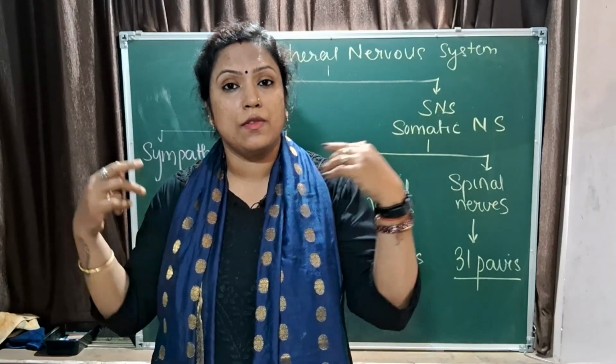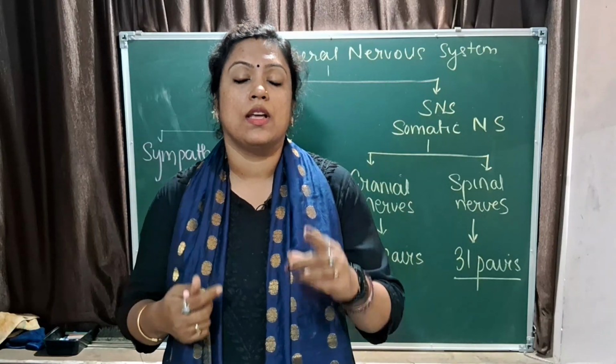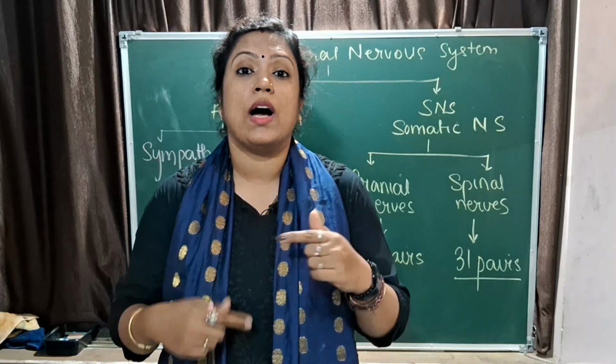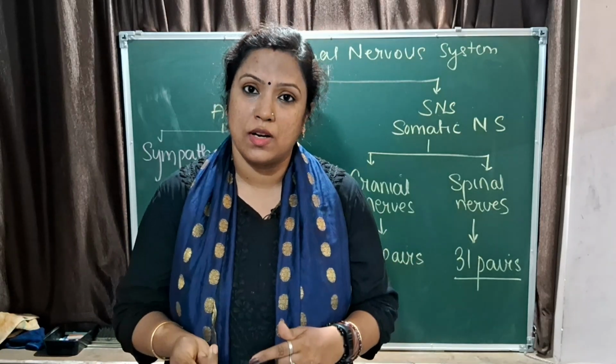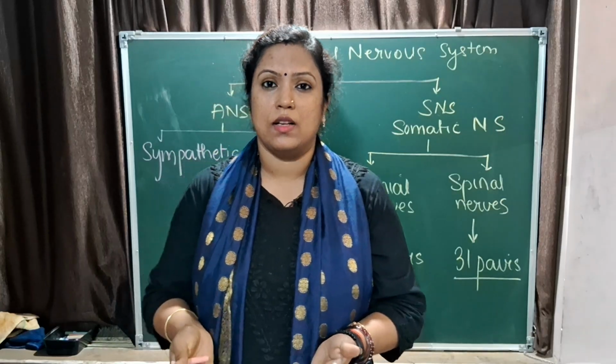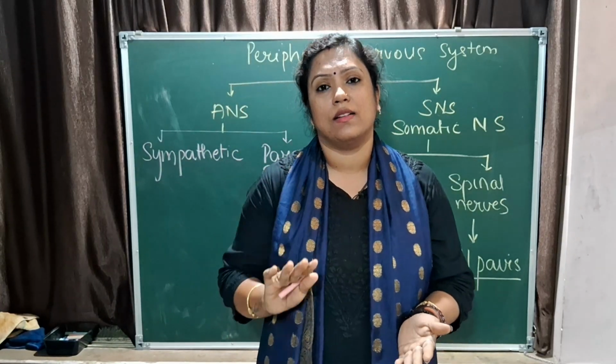Remember, blood vessels for the entire body constrict, but your coronary blood vessels do not, because your heart has to function more when you are under stress. You have to breathe more when you are under stress. Understood? So kindly relate and learn.